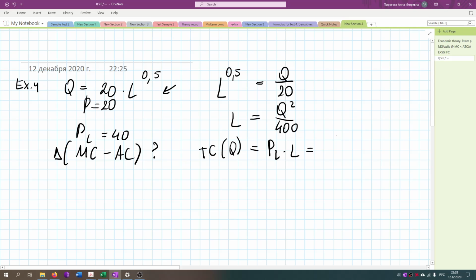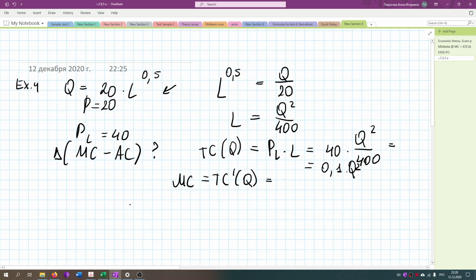Our price for labor is given, it is 40, and our labor, we have just found it, so we write Q squared divided by 400, and it will be equal to 0.1 Q squared. Our marginal cost will be equal to the derivative of our total cost.